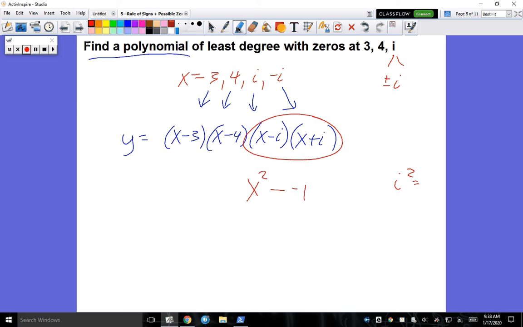Let me show you in steps. A difference of squares is when these two are different signs. In the way that I'm doing it, this would give you x squared. These i's would give you i squared, which is a negative 1.